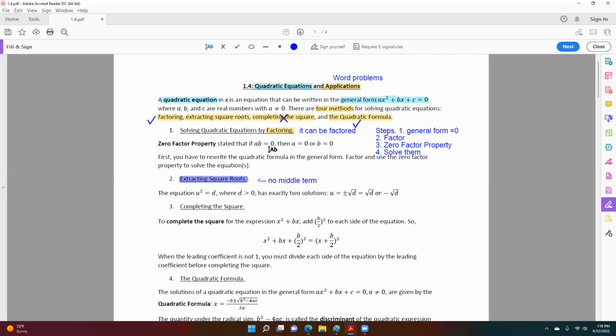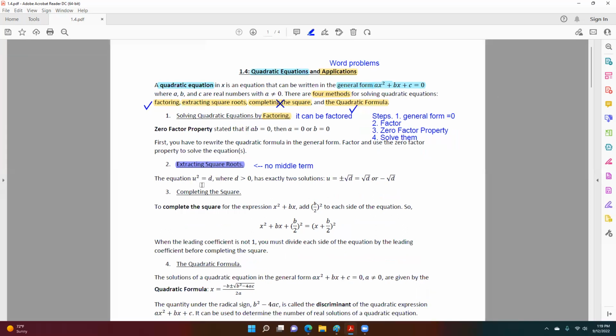What is extracting the square root? When you do extracting the square root, you do not want to make this a general form. You want to make your u squared equal to d, and make sure that d in this case has to be greater than 0. I will tell you why. In order for us to get rid of the square, we square root both sides.